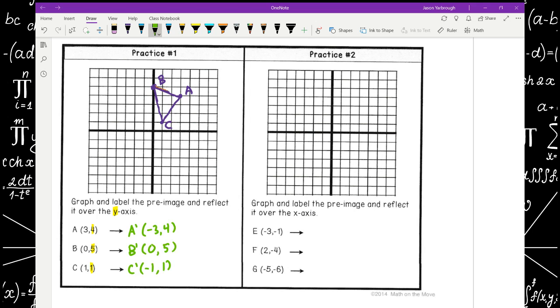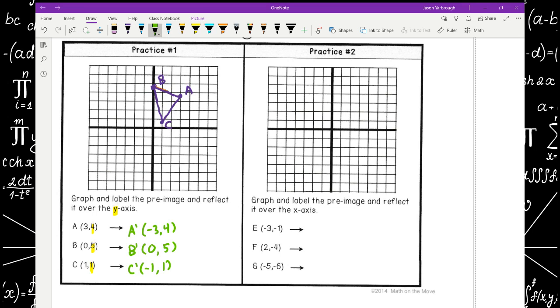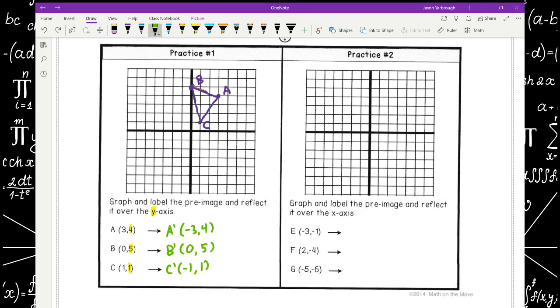So now we're going to graph these points. We go left 3, up 4, and there is A prime. Okay.